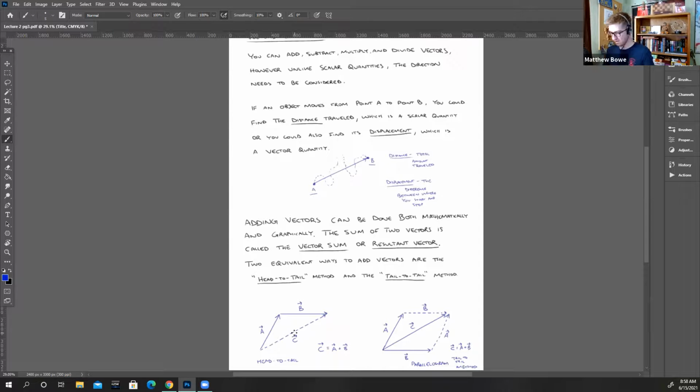I could say vector A plus vector B equals vector C, but if I'm given a list of values, how do I actually do the math? How do I calculate this thing? So let's pull that up on the next page.